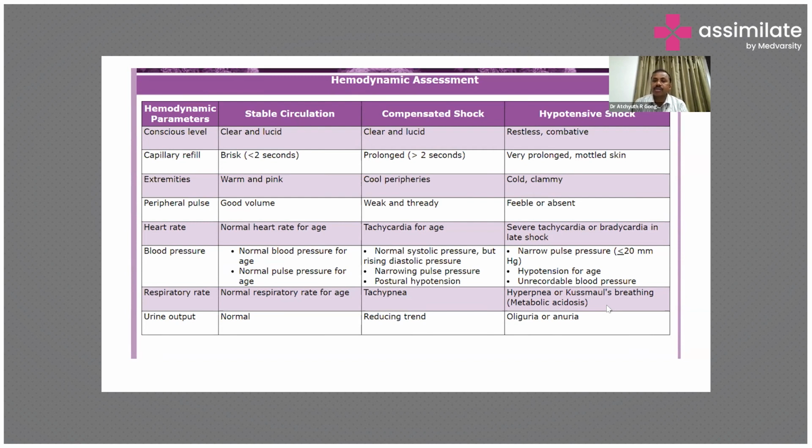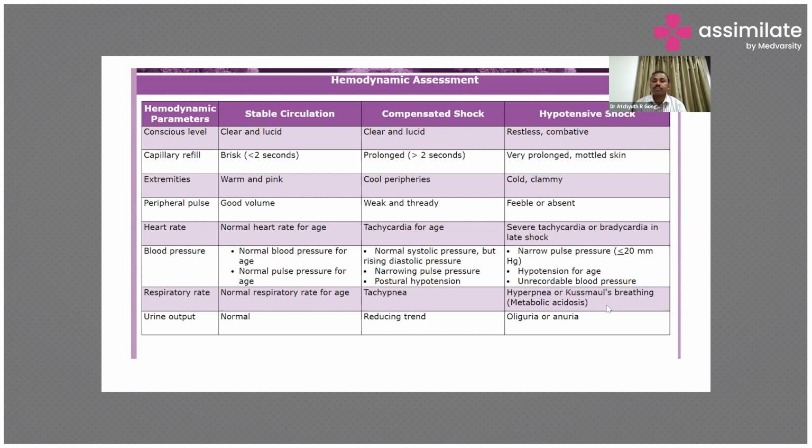Severe tachycardia or bradycardia. Patient can have bradycardia in the late phases of the shock. The pulse pressure is narrow, as low as less than 20 millimeters of mercury, hypotension, and unrecordable blood pressure.